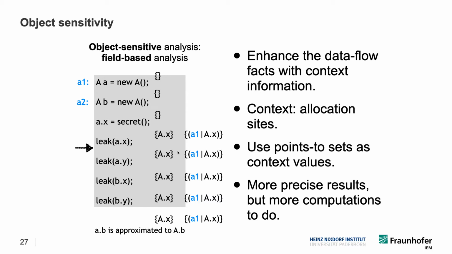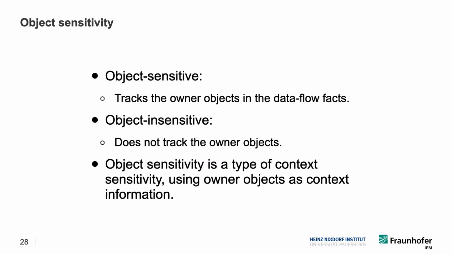In other languages, this approach might be less popular. But the general notion again is that in object-sensitive analysis, we track the owner objects within the data flow facts, like you just saw. And in an object-insensitive analysis, you don't do this.